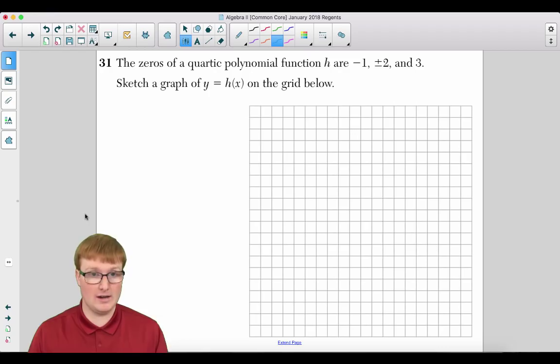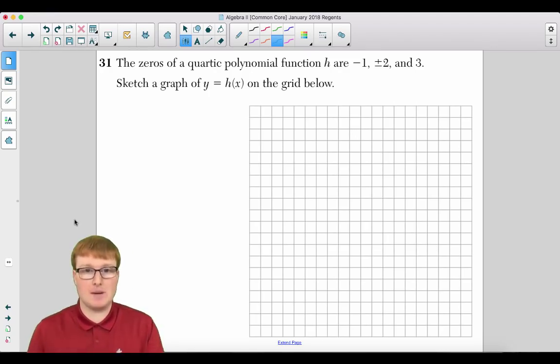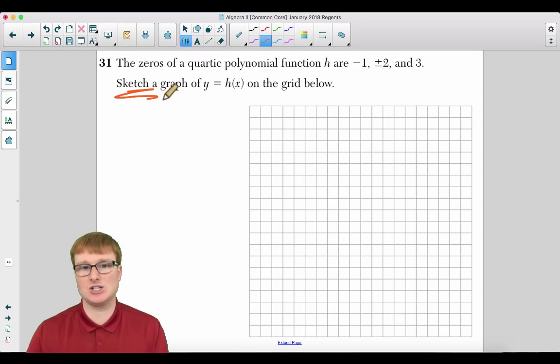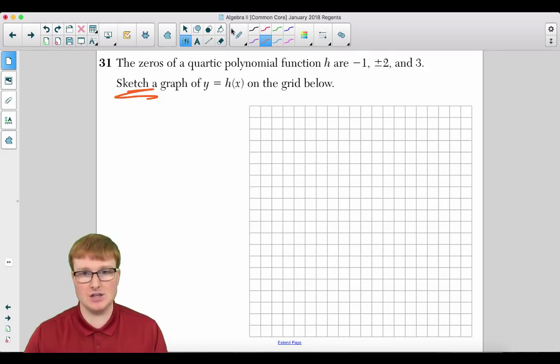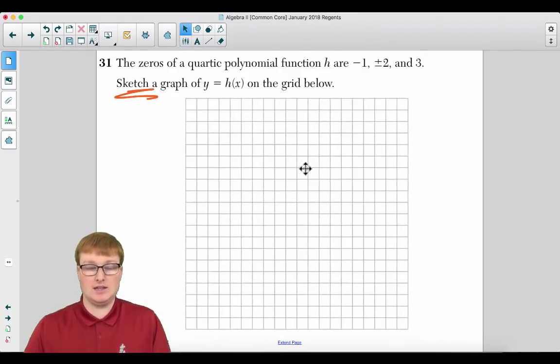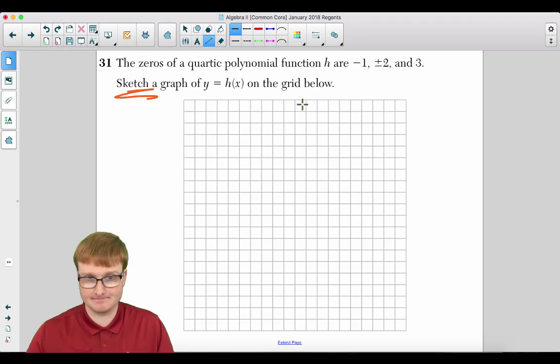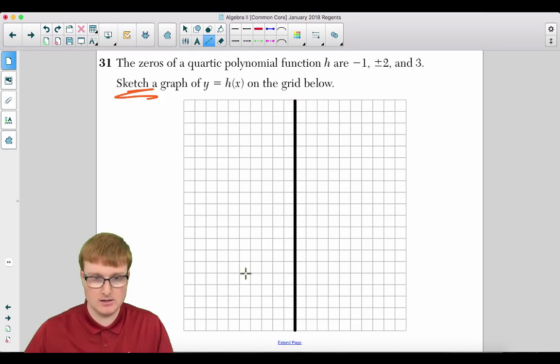Moving on to number 31. The zeros of a quartic polynomial function h are -1, positive 1, -2, and 3. Sketch a graph of y equals h of x on the grid below. It says sketch, so you don't need to go crazy about it. Basically, they're asking you to take the graph that they provided, draw yourself some x and y axes, and sketch appropriately.